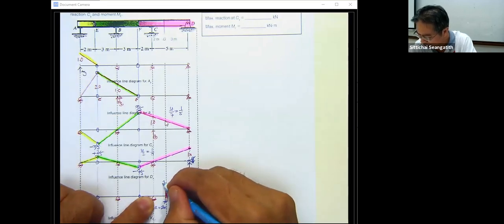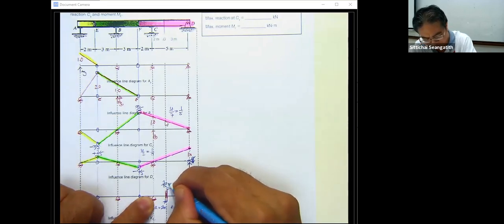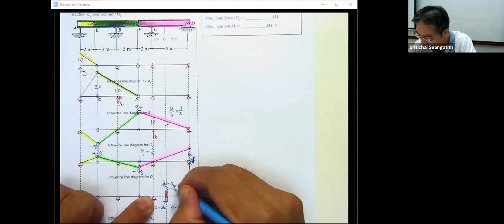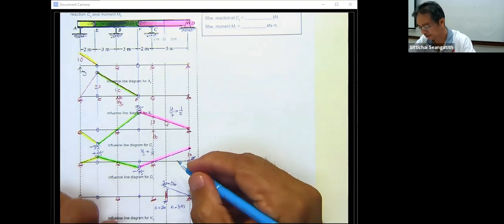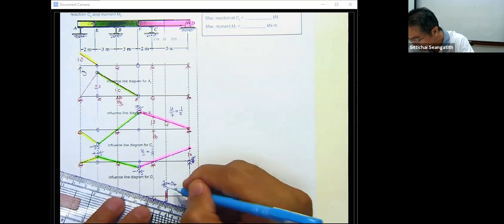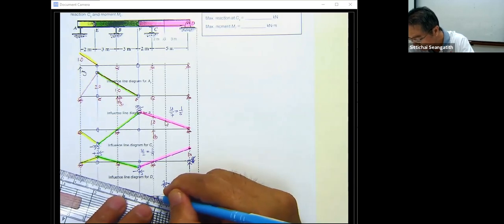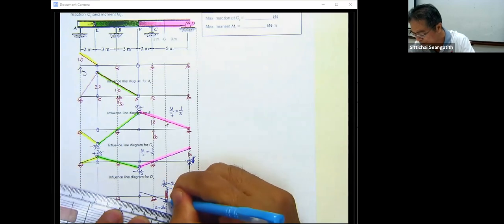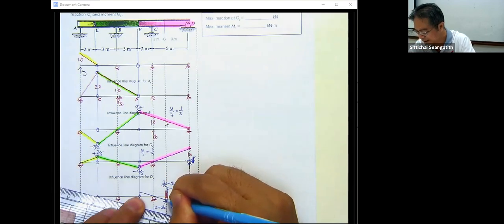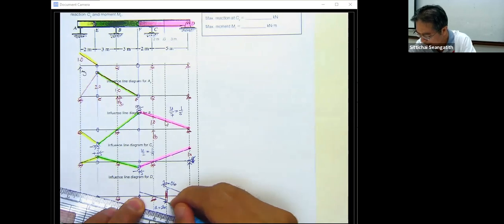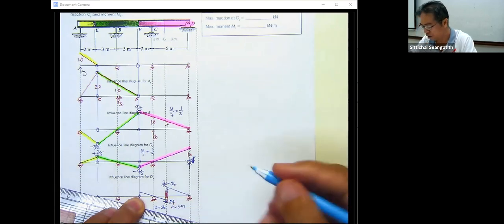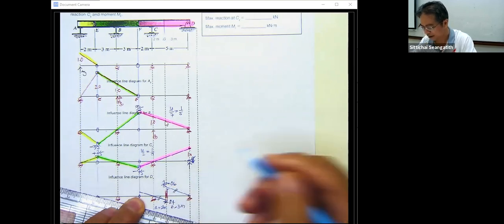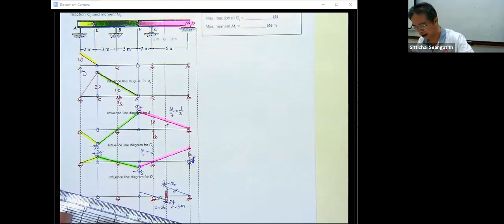So this one is going to be 3 divided by 5, that is going to be 0.6. Okay, and this one is going to be parallel to this. Since it moves in the same piece, this one is going to be minus 2 over 5, minus 0.4, and they are going to be parallel.